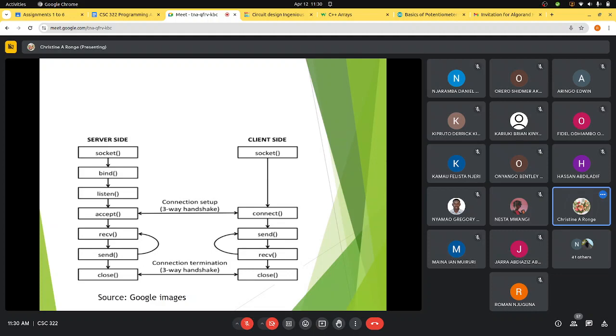Where was that diagram? This one. I'm just thinking of how or what is happening in the sense that it has issued a close command and yet it is still receiving data. I think that one I need to think about. So just give me time, I'll think about it.